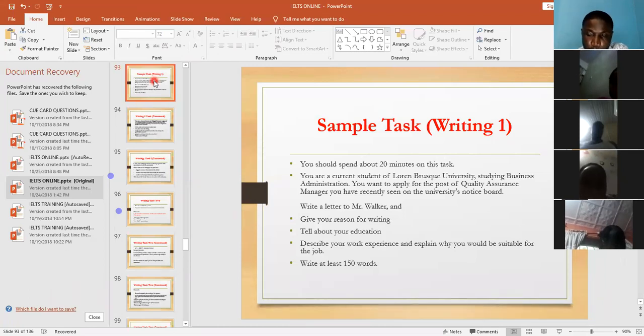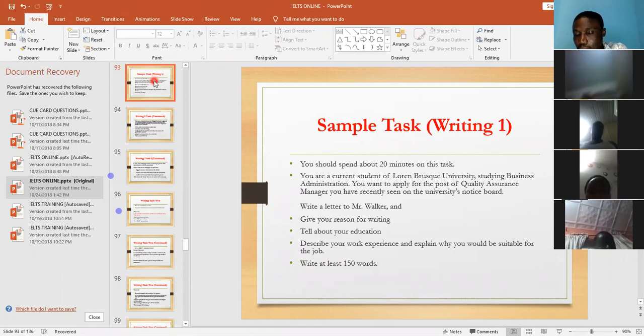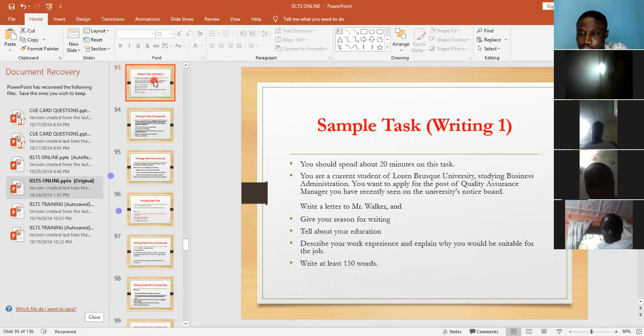The second part is the writing structure proper. And the last time in this class, I directed on how to write an essay. We did the introduction, and we did how to structure a paragraph.